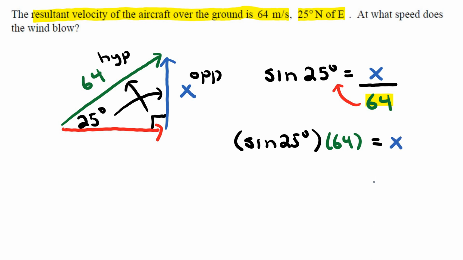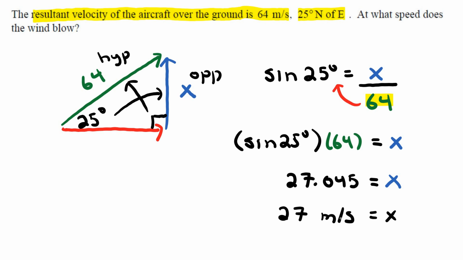From here we go to our calculator and we should get 27.045. If I round this, it's roughly 27 meters per second. So that is the speed at which the wind blows, 27 meters per second. That concludes this part of the homework video guide.